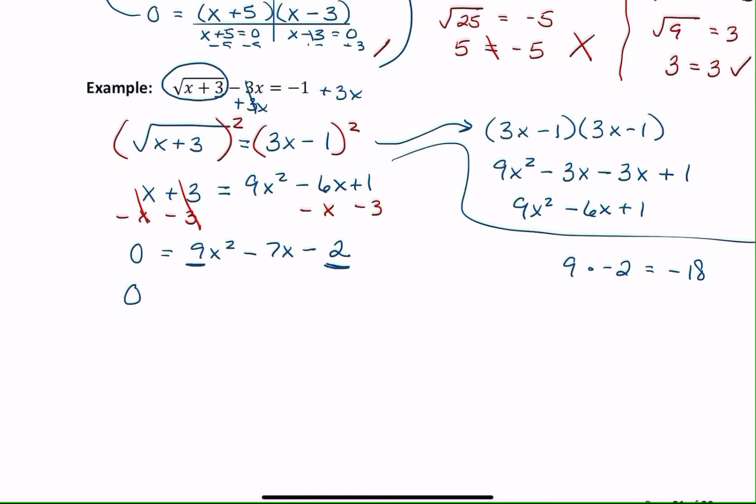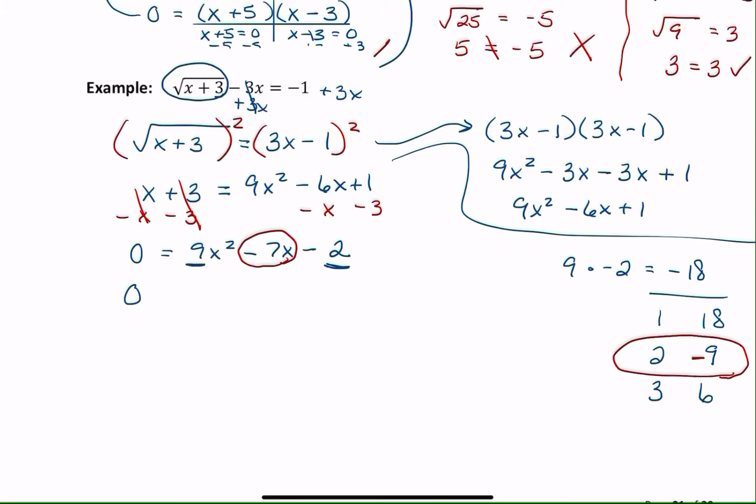So the factors of negative 18, I could have 1 and 18, 2 and 9, or 3 and 6. The ones that will give me negative 7 are the 2 and the 9, where the 9 is negative.